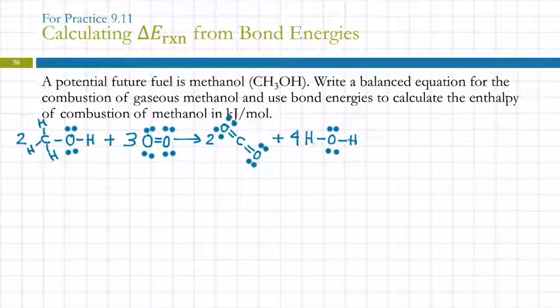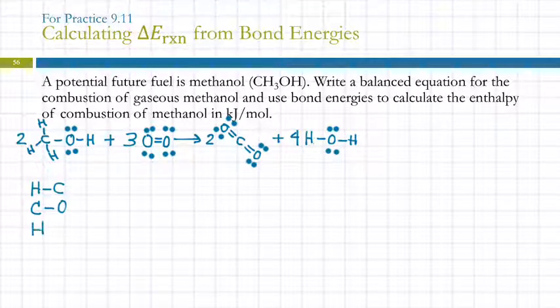So I'm going to pretend I'm just taking apart everything. So if I have 2 moles of methanol, what bonds am I taking apart? Well, I have hydrogen-carbon bonds. And I have a carbon-oxygen single bond.